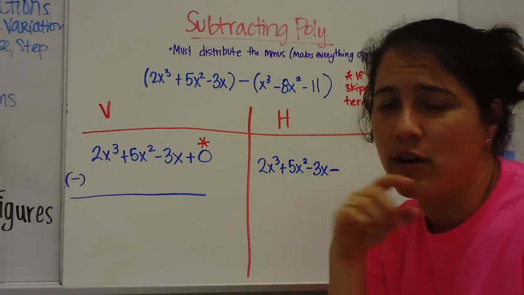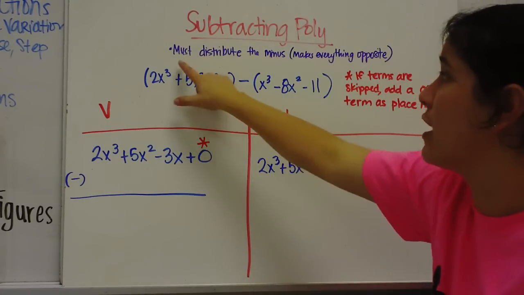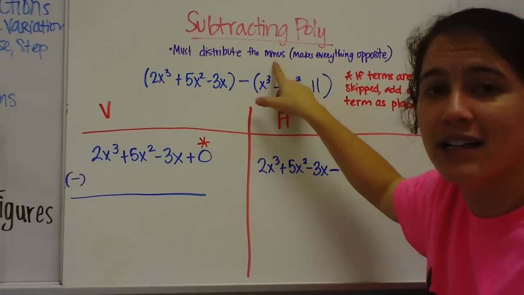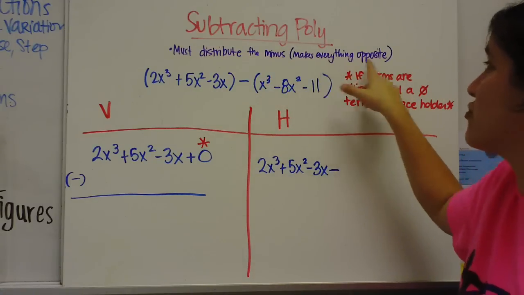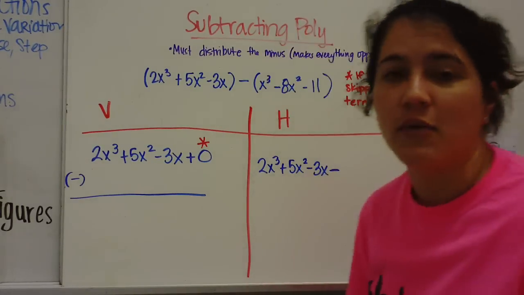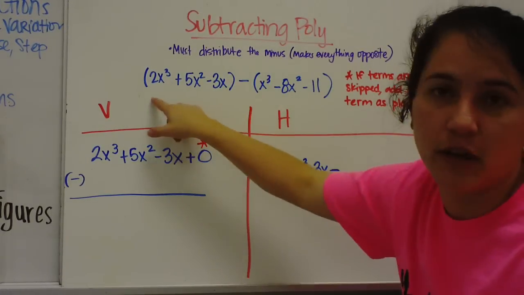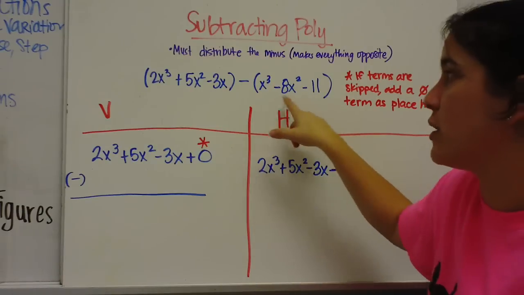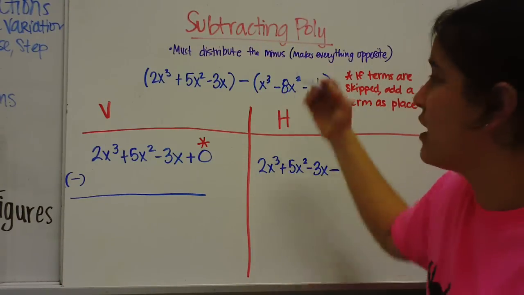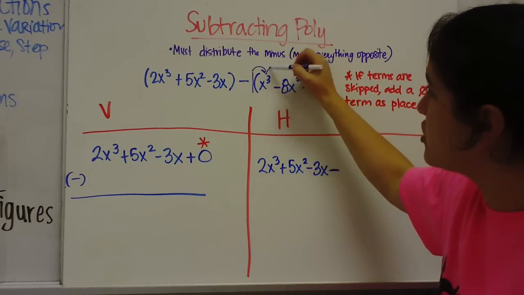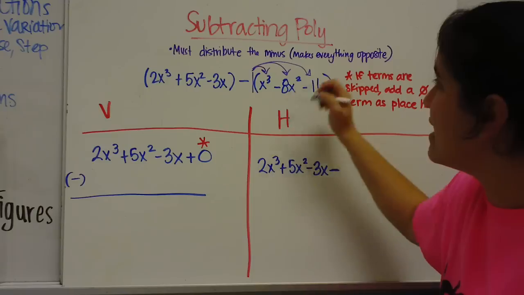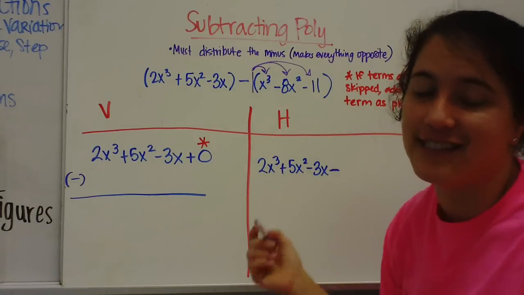Subtracting is a little bit more complicated because of that minus, and I'll put a note right here. You must distribute the minus as if it were a negative, because you're going to make everything the opposite. What I mean by that is here we have a trinomial minus another trinomial. This minus, you would think we'd have an imaginary 1, and then we would distribute a negative 1 to everything inside.